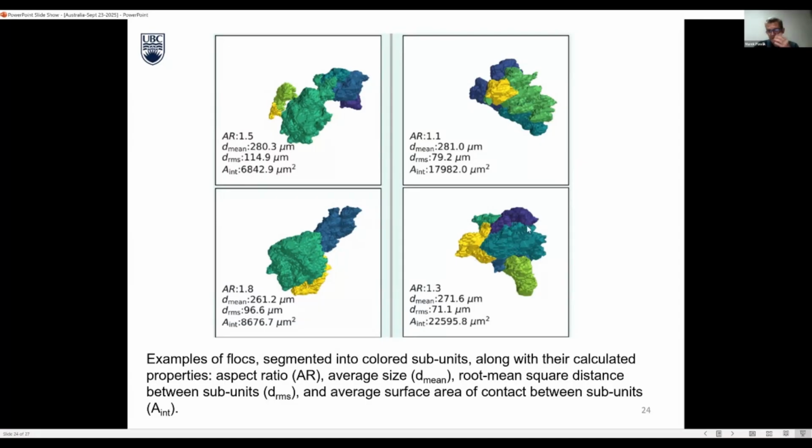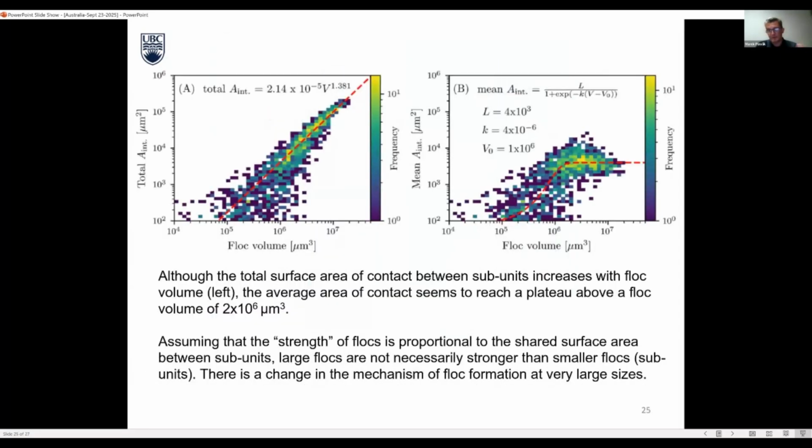So we did some statistical analysis of how that changes with flock volume. Not surprisingly, the total contact area between subunits in flocks increases with flock volume. But the average contact area seems to be reaching some kind of plateau. This is no longer a straight-up relationship, the graph on the right.